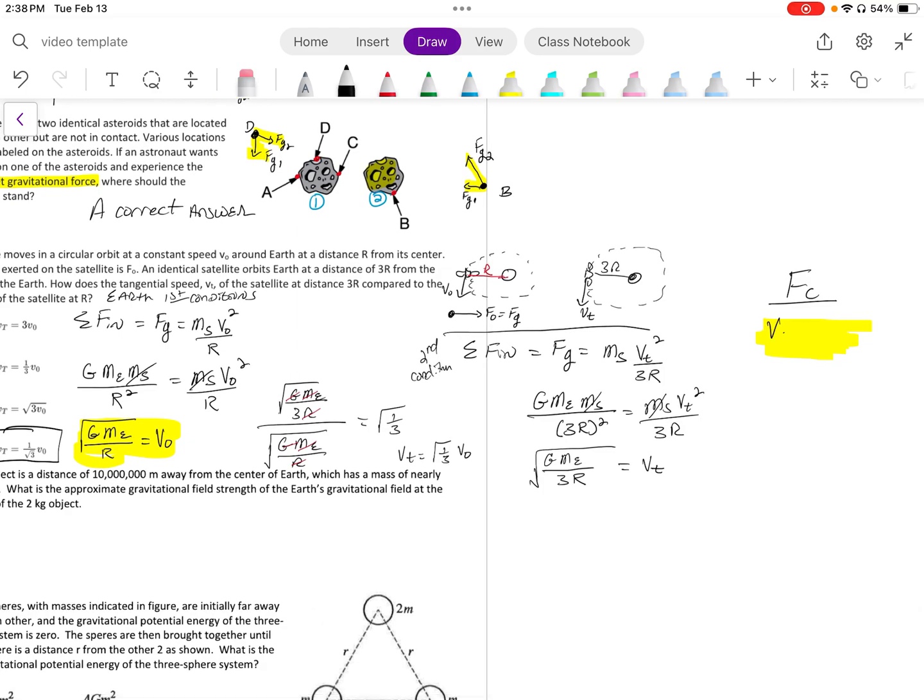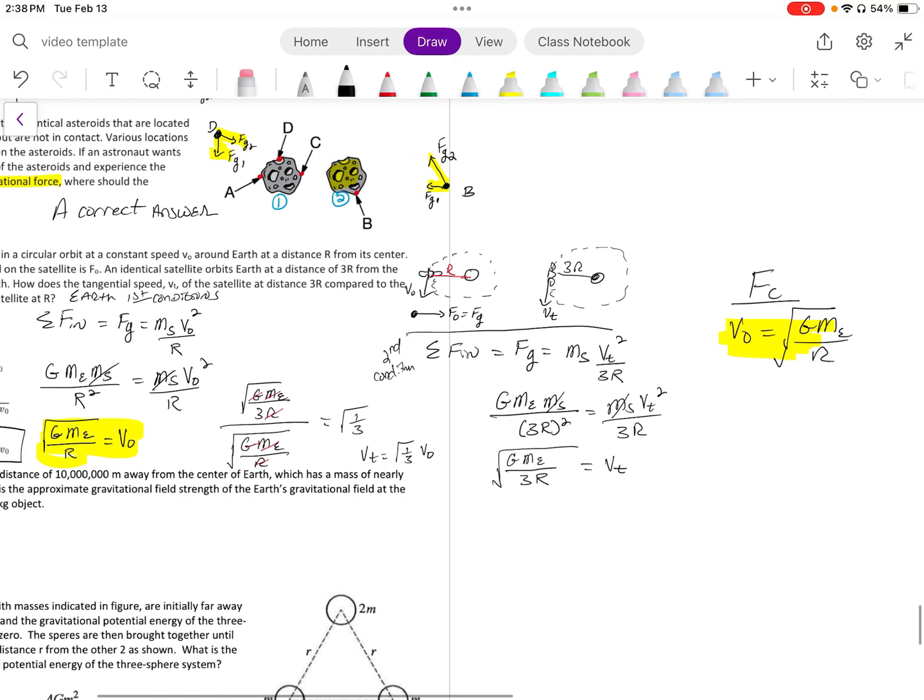I'm going to rewrite that. V naught equals square root big G mass of Earth over R. There's the relationship between the velocity and the mass of the Earth and the radius of the planet's orbit.